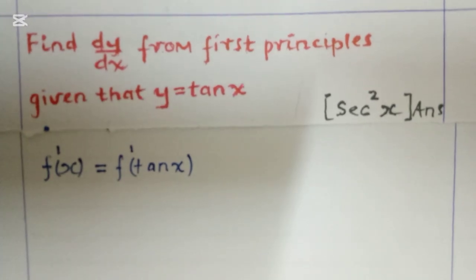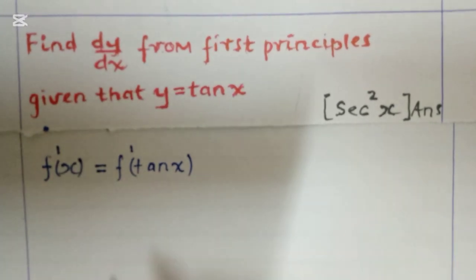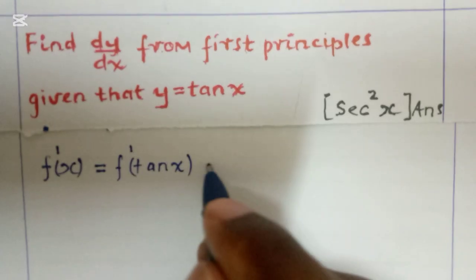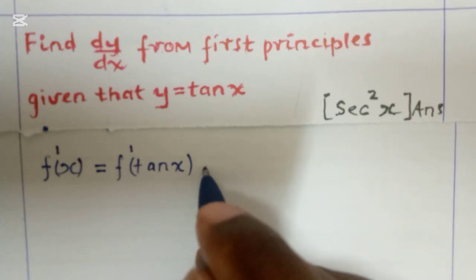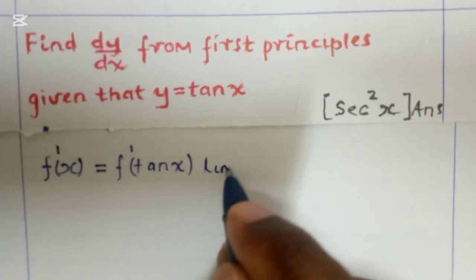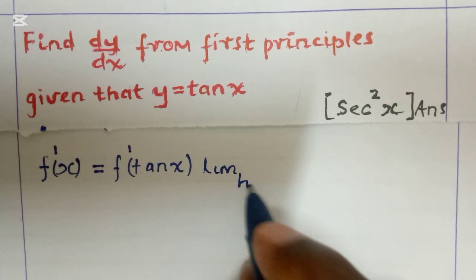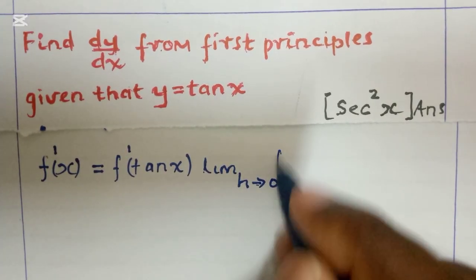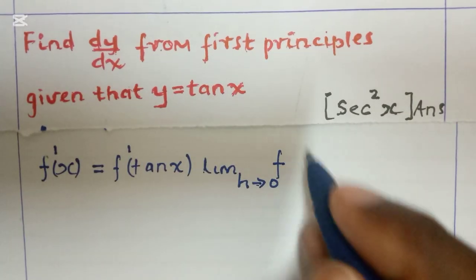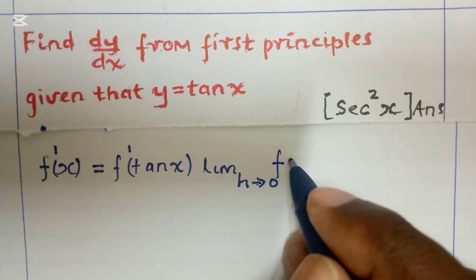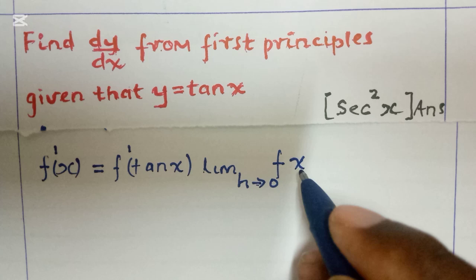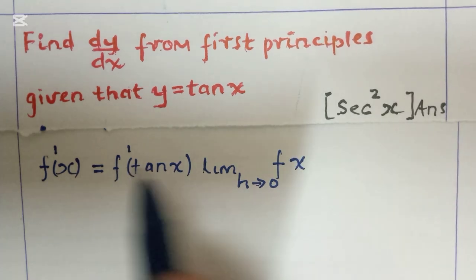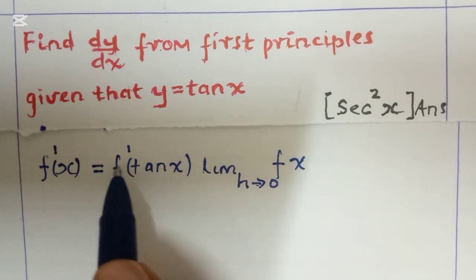This one is supposed to come to the limit as h tends to 0 of f(x). This is the general solution guys. Now we can maybe put this one aside first.